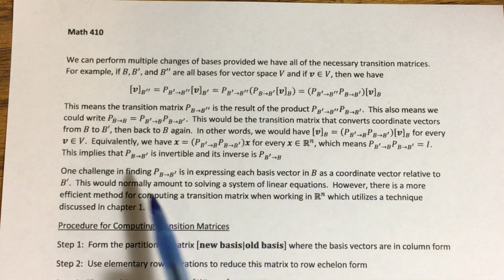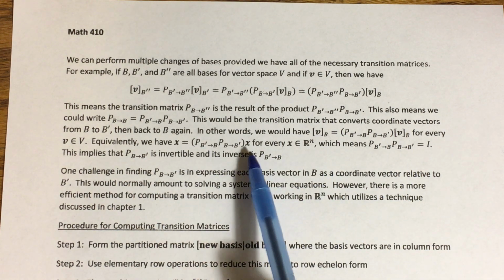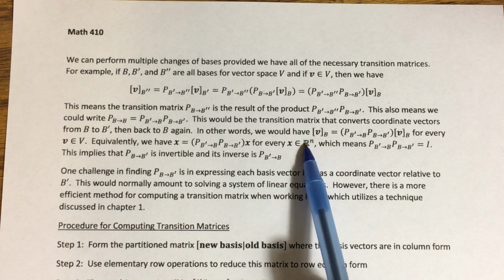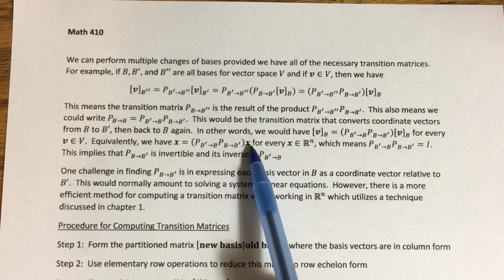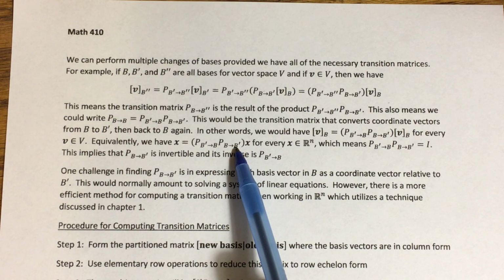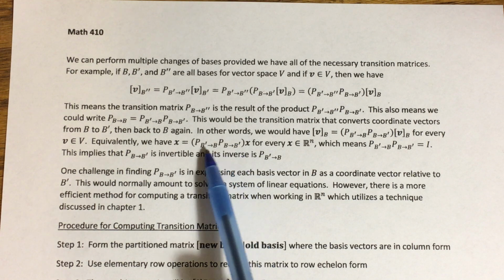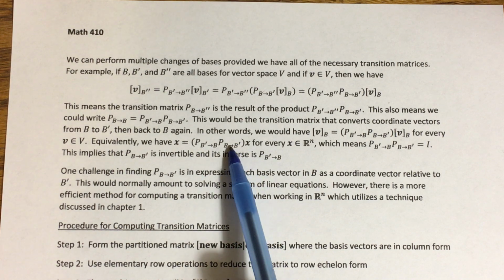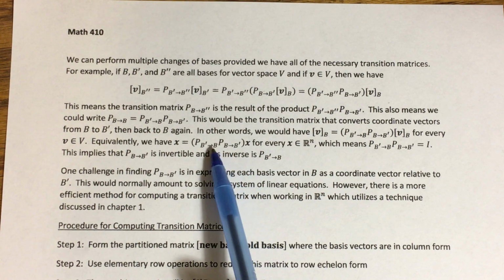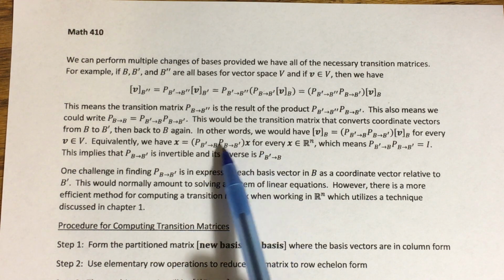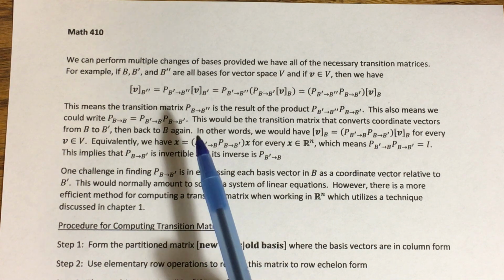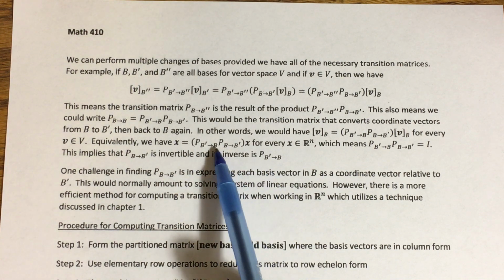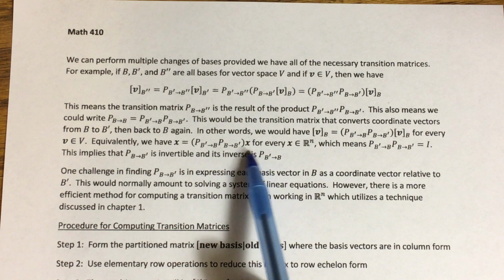So I can alternatively write this way: for every vector x in R^n, if I multiply x on the left by this transition matrix, it returns me to x. That seems to indicate that this thing is behaving like an identity matrix, in the sense that we multiply x by it and nothing changes. We still get x back. There's a theorem that states that this would in fact have to be the identity matrix if this is true for every x, which it is.